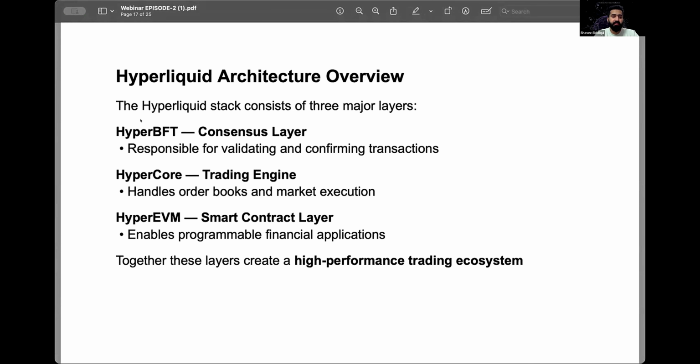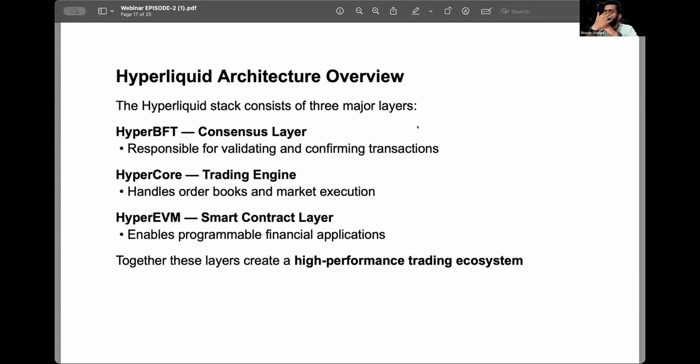Hyperliquid consists of three major layers. HyperBFT is the blockchain layer of Hyperliquid. This is the core consensus layer, which is responsible for validating and confirming the transactions.